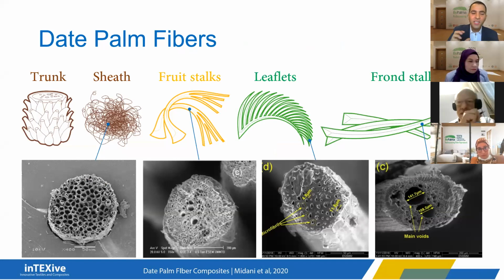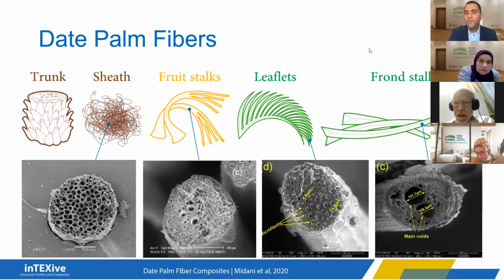But the biggest challenge here is that every type of these byproducts has a different type of fiber. So in order to extract those fibers, we need a very good understanding of their microstructure.